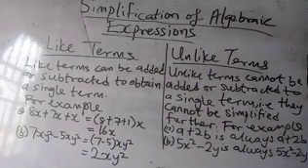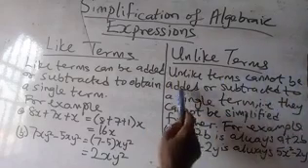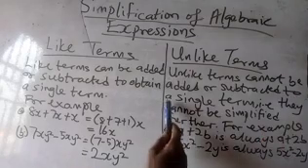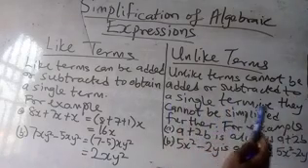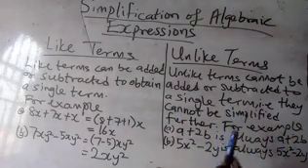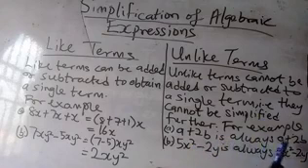But let's come to the unlike terms. Unlike terms cannot be added or subtracted to have a single term. They cannot be simplified further. For example, a plus 2b is always a plus 2b.